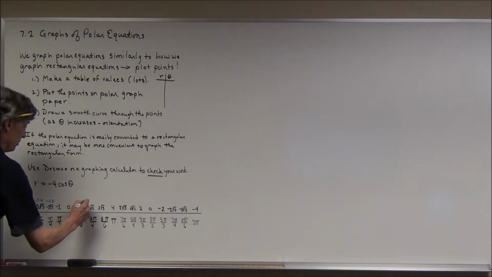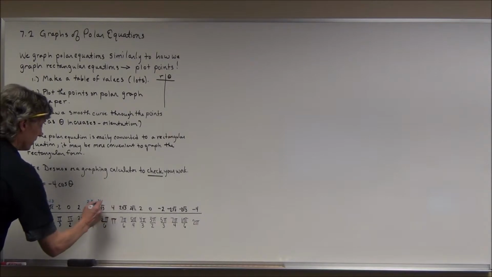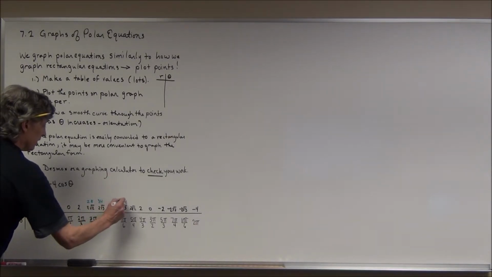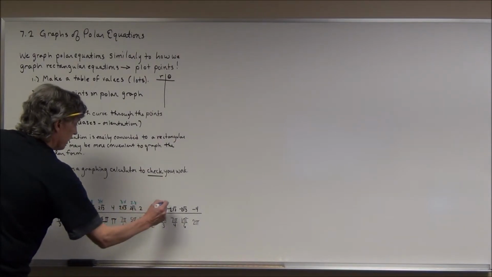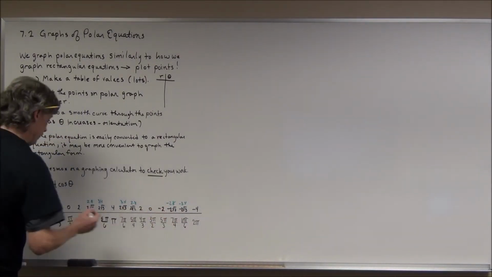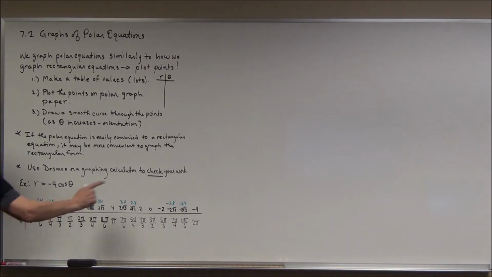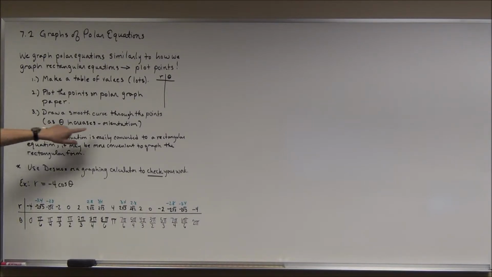So that you can use your approximation skills to plot these points. Now I'm not going to just graph them haphazardly. I'm going to graph them in order as my angles get bigger. That way I know how to draw my curve, because that's what determines the graph's orientation.